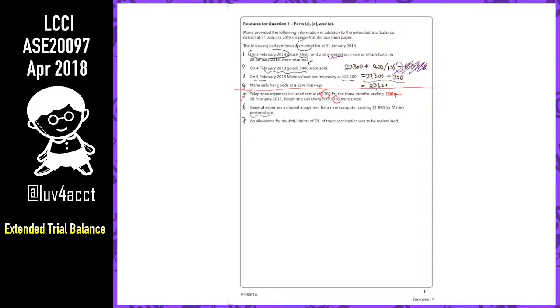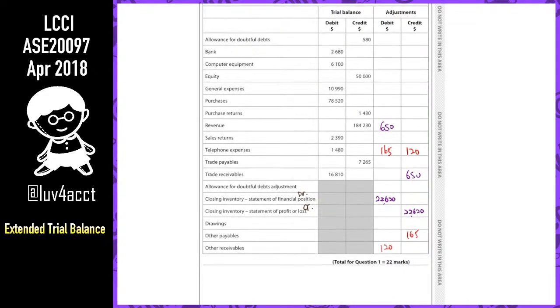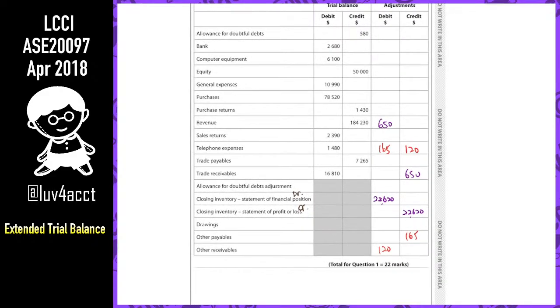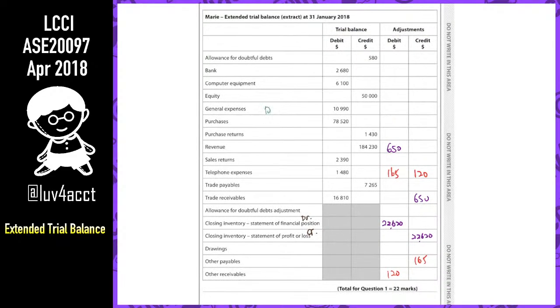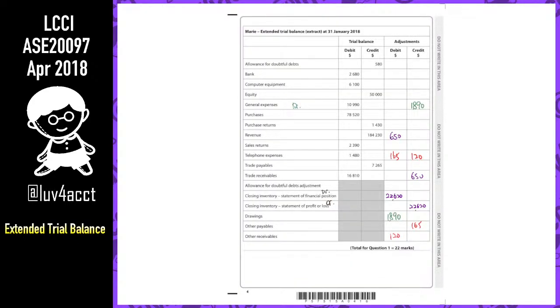It won't be computer, it will just be drawings. Rent and general expenses, right? General expenses is debit. If we want to reduce the amount, then it is crediting 1890, and then it goes to the drawings account, 1890.